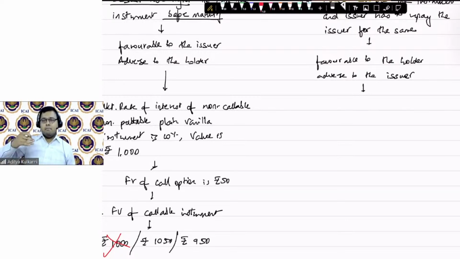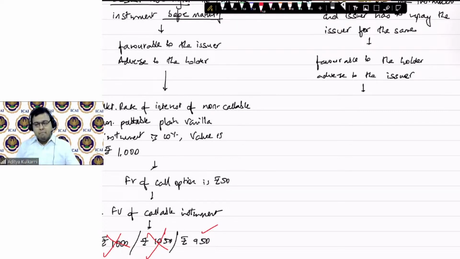Well, it is adverse to the issuer. So the issuer will say, you are taking a feature that is benefiting you, so why should I pay you a higher amount when it is adverse to me? So therefore, it is not going to be 1050 also. So it is going to be 950.